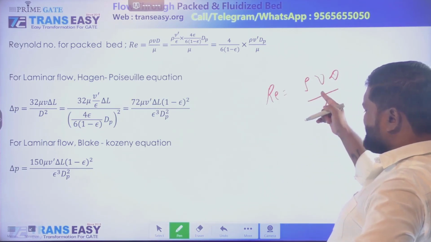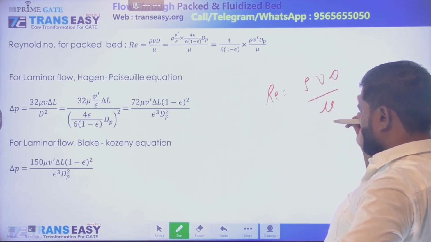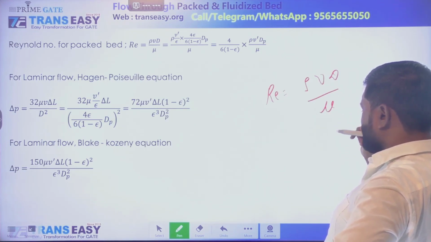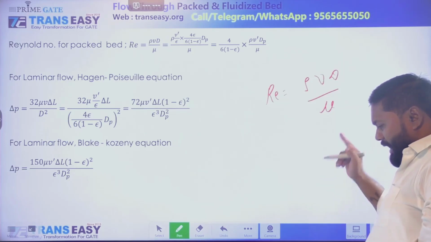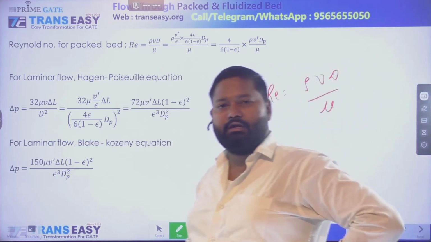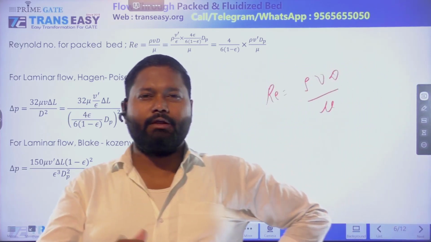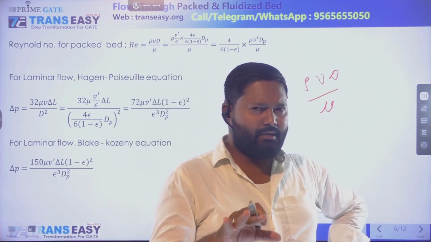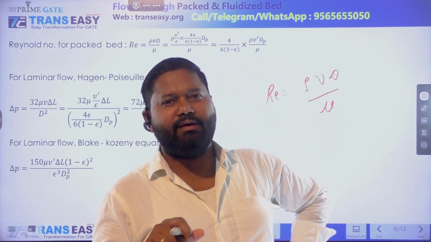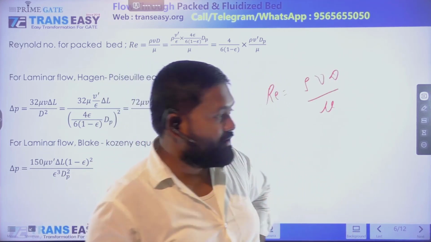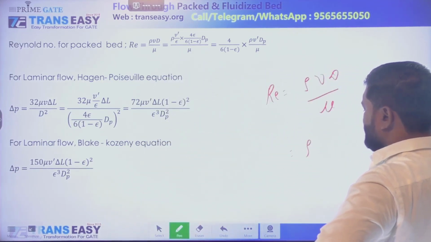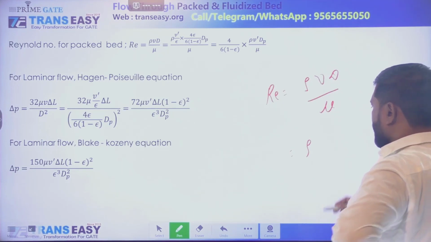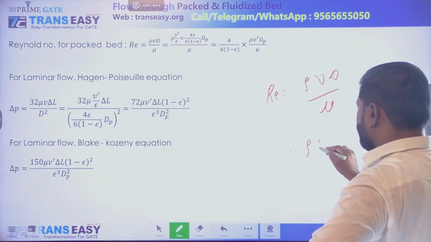V is the actual or interstitial velocity of flow through the packed bed. D is the hydraulic mean diameter, and mu is the dynamic viscosity of the fluid flowing through the packed bed. This is the most fundamental definition of this Reynolds number, right? And we know each term. This is the density of fluid flowing through the packed bed. This is interstitial velocity.